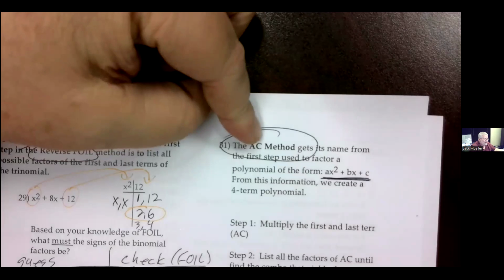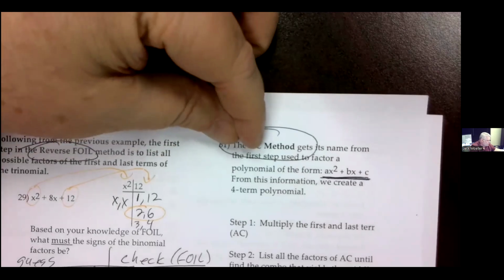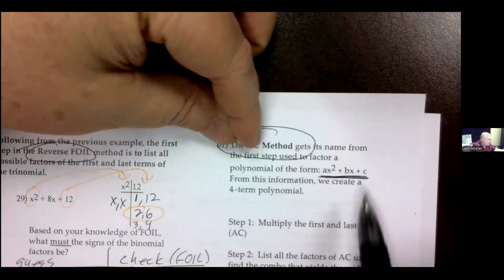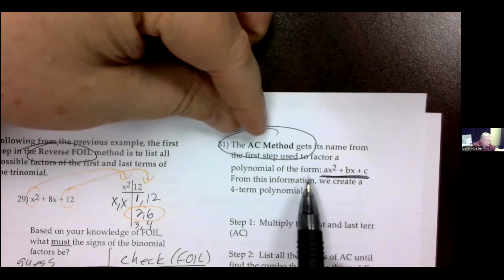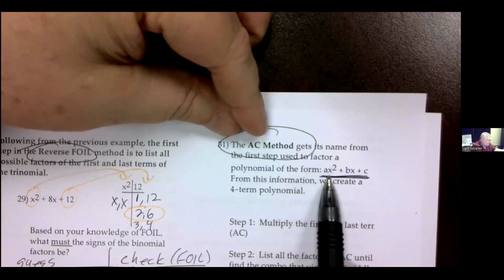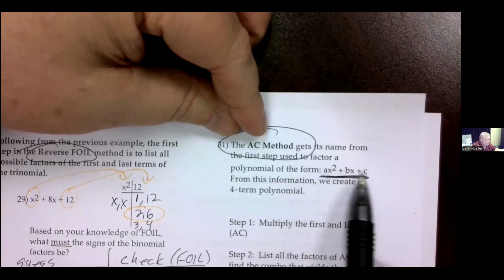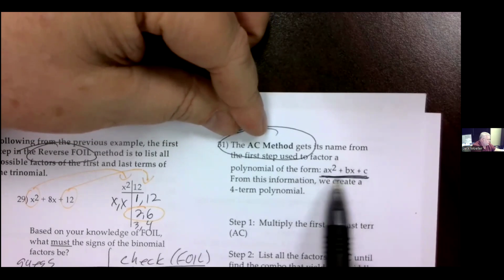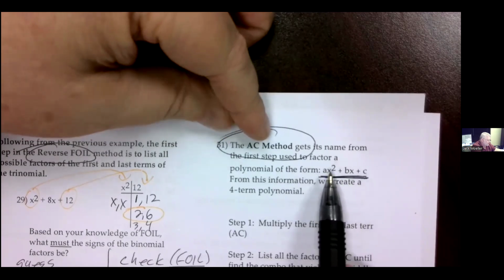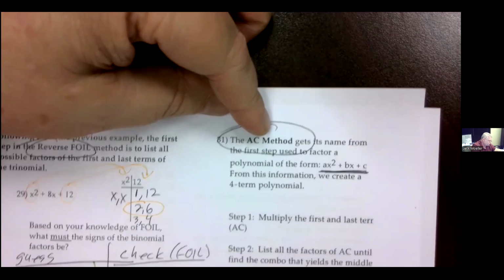When you see two letters next to each other, that means multiply. So the AC method is literally named for multiplying the first term times the last term. We're doing A times C. The variable is going to tag along as part of it.